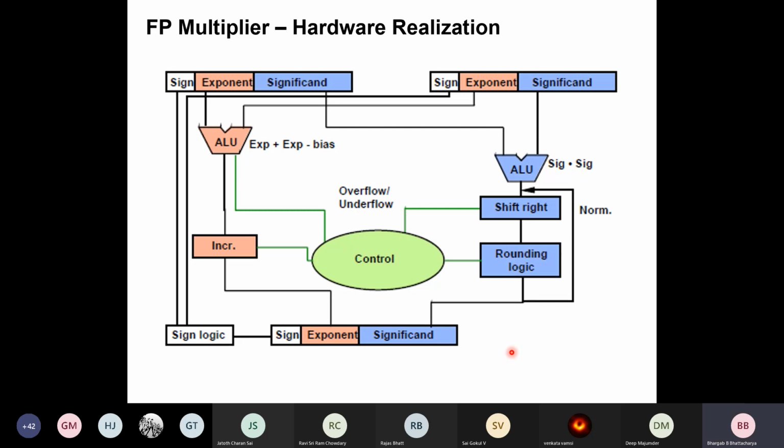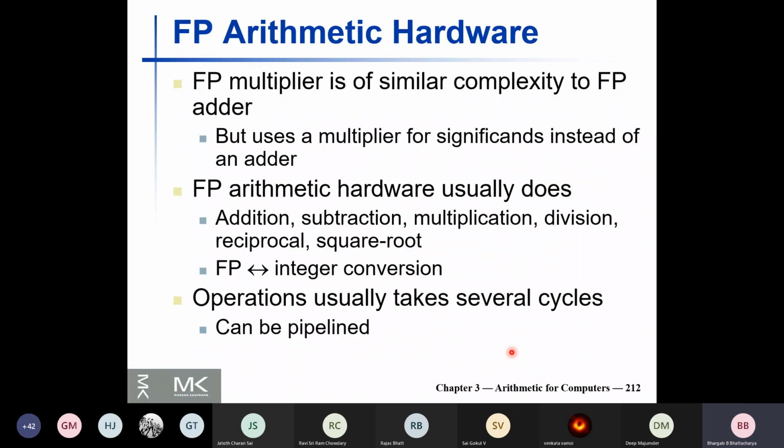So that gives an overview of the floating point multiplier as well as the floating point adder, which we discussed last time. So we are done with floating point arithmetic and its hardware implementation. To touch upon a few more things, the floating point multiplier is of similar complexity to the floating point adder. It uses a multiplier for multiplying the significands.